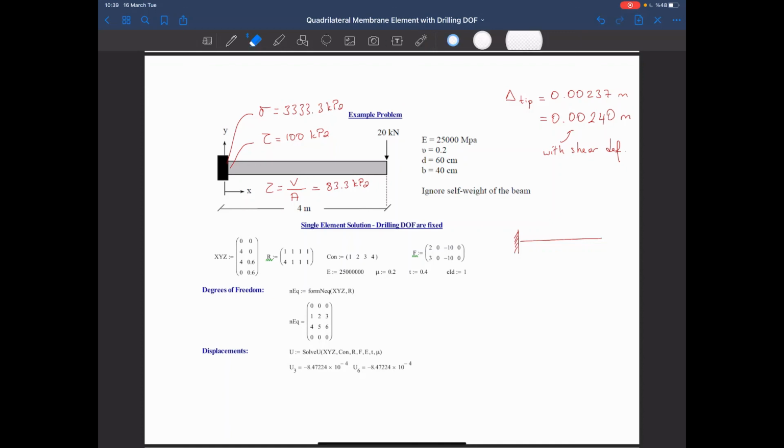The reason is this: fixing the drilling degrees of freedom didn't work for us. Why? Because our discretization is as follows: this is node 1, node 2, node 3, and node 4. When I fix the drilling rotations, these 2 degrees of freedom, I'm not only fixing the rotations, but I'm saying that these mid-edge displacements are also equal to 0.